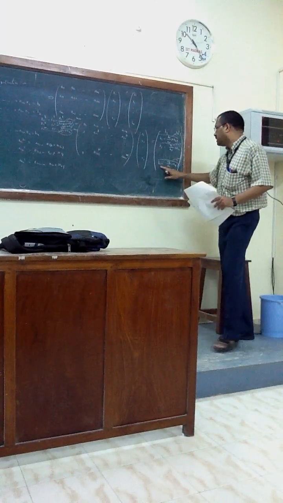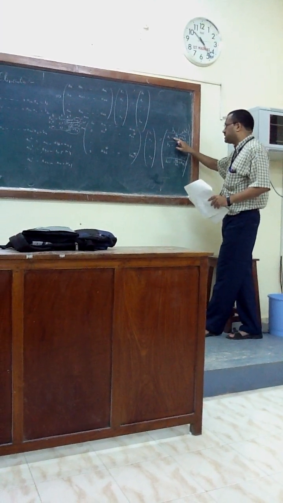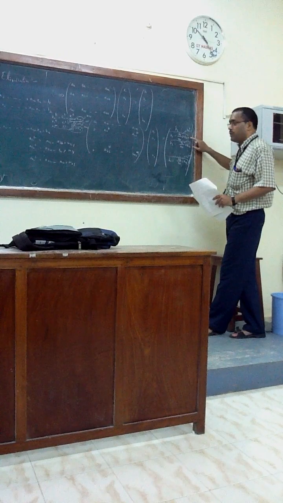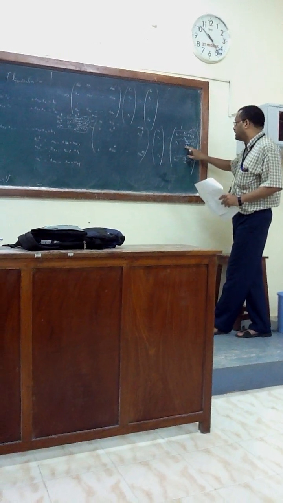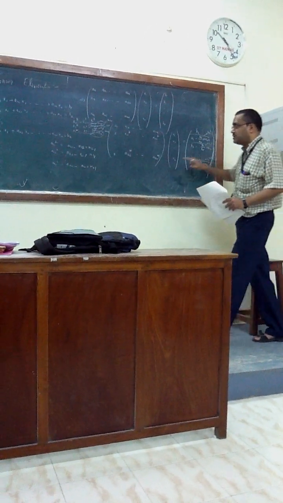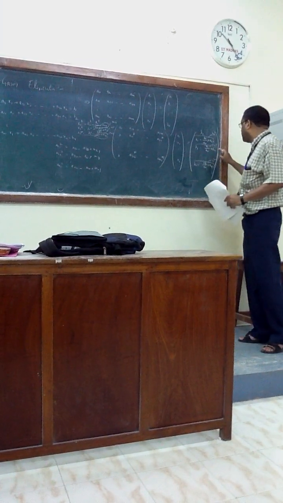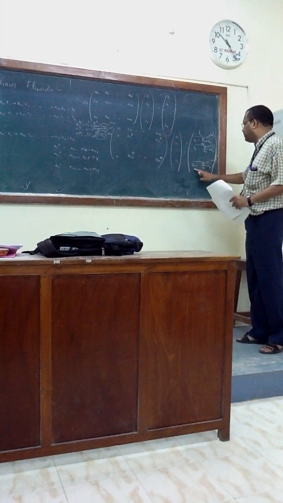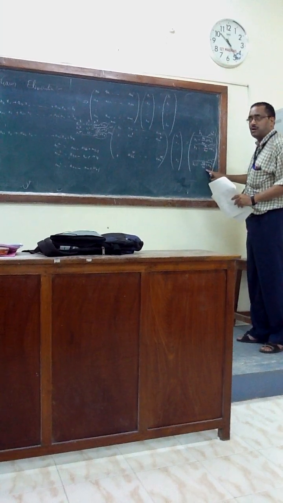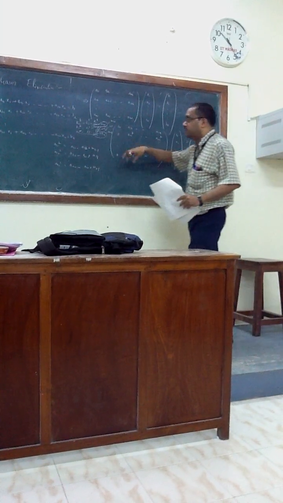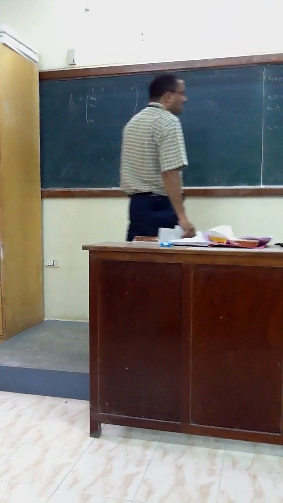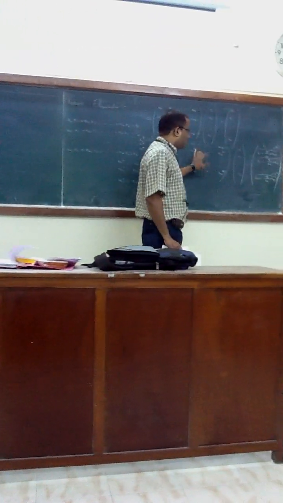Same way here it is B2 minus B1 into M21, B3 minus B1 into M31, Bn minus B1 into Mn1. See, this B1 is common, similarly like A12 is common. So if you store this, it will be very helpful for the computer program. So you got the first one.